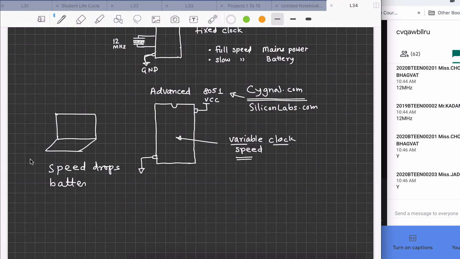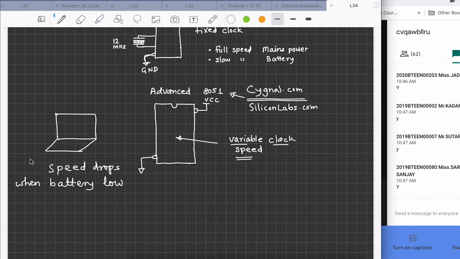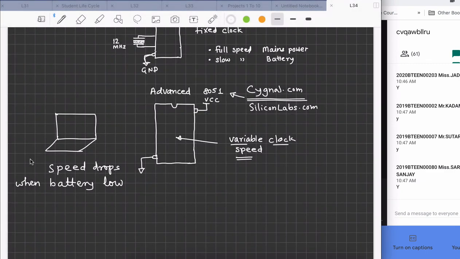Have you experienced this? So why does it happen? Because the processor in the laptop is designed in such a way that it can change the speed on its own based on the battery condition, so that it can adapt to the situation. Everybody understood this?